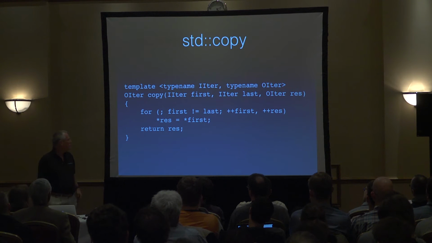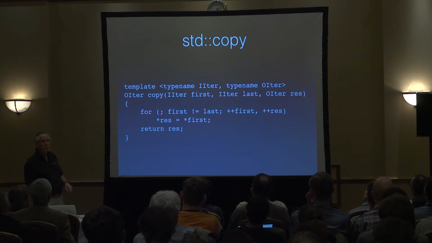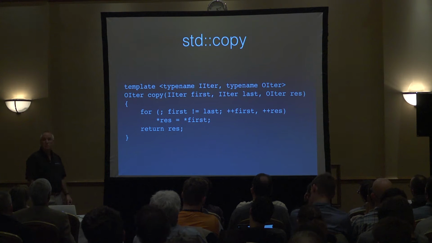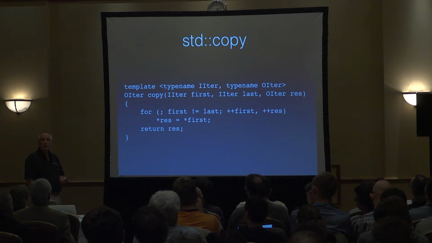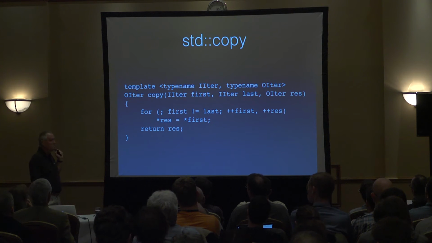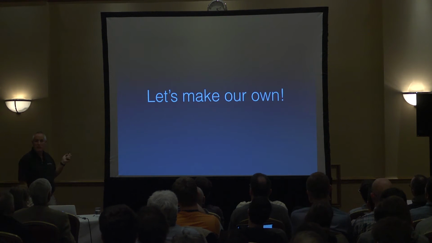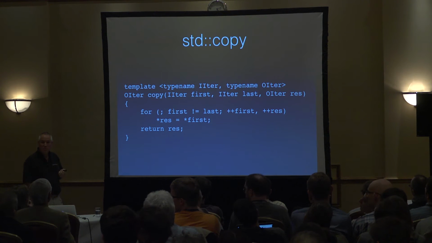But mostly that's just a convention in the standard library, that iterators are expected to be reasonably cheap to copy, and they are in general passed by value and returned by value. The iterators that you pass to algorithms tend to get modified, and rather than forcing the callers to keep a copy, they just pass them by value. All right. Same question, but for the result iterator.